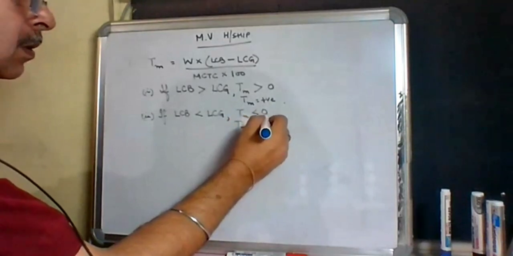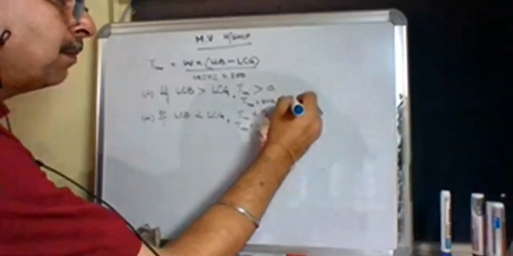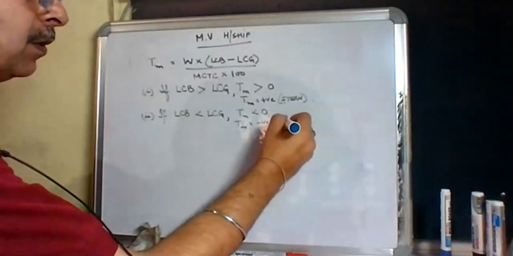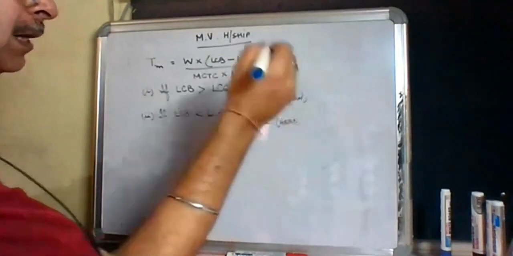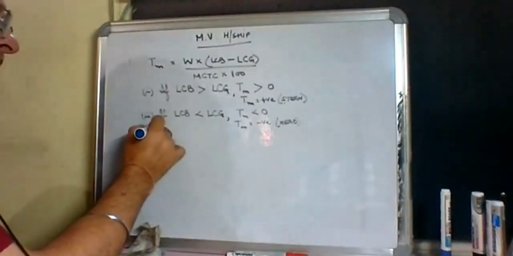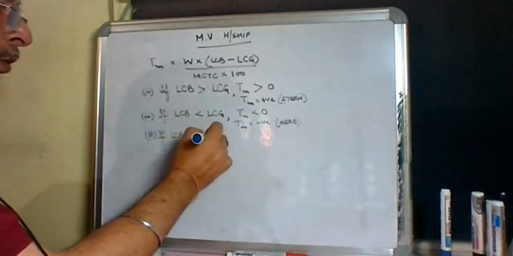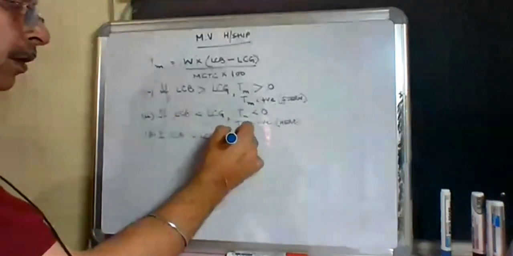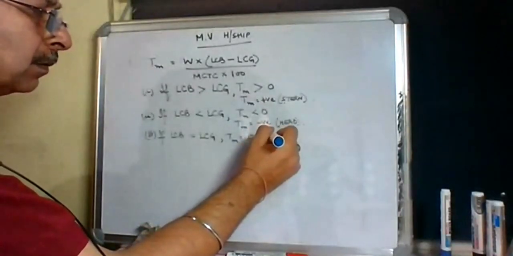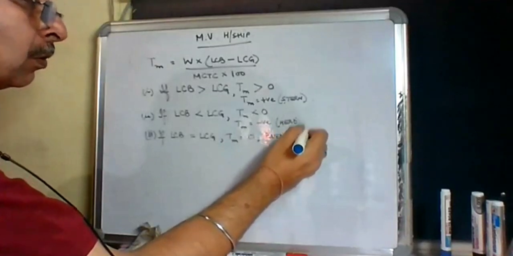That means trim is negative. Positive trim is stern trim. Negative trim is head trim, down by head. If LCB is equal to LCG, trim is 0. Vessel is on even keel.